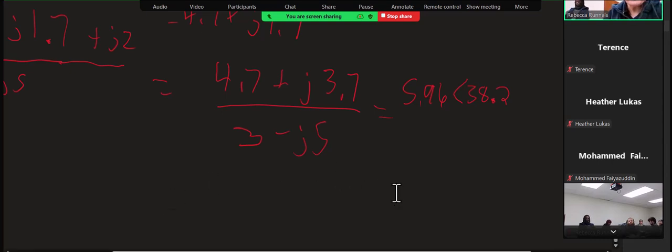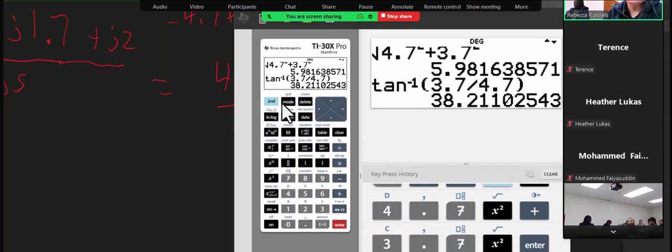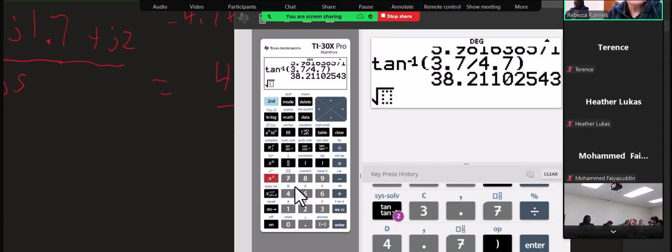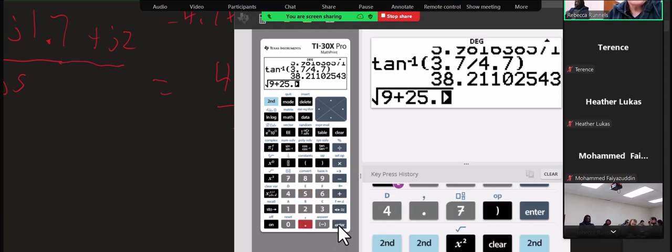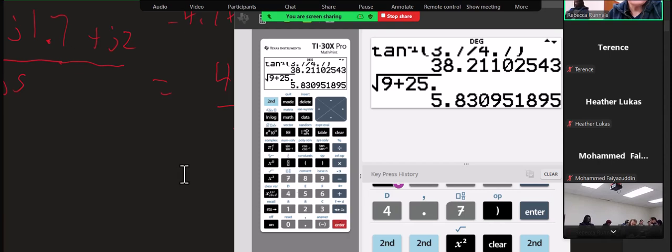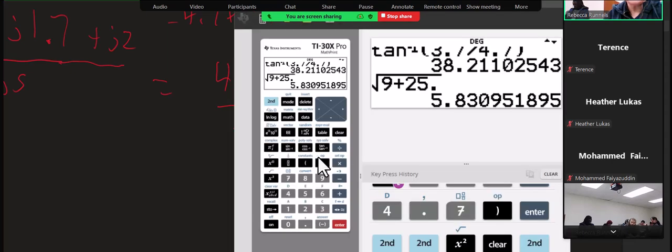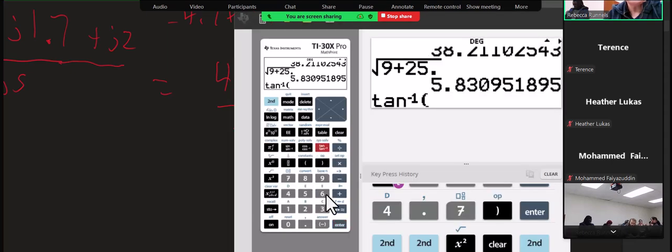And then 3 minus j5, I'll take the square root of 3 squared plus 5 squared, and that gets me 5.83. And then I'll take the inverse tangent of negative 5 over 3.